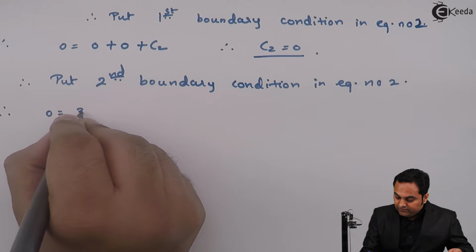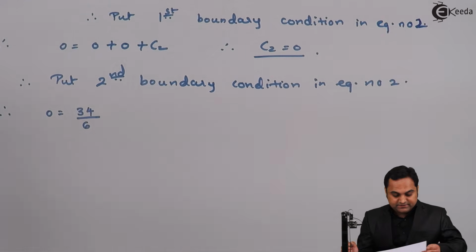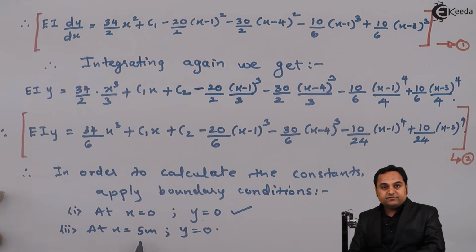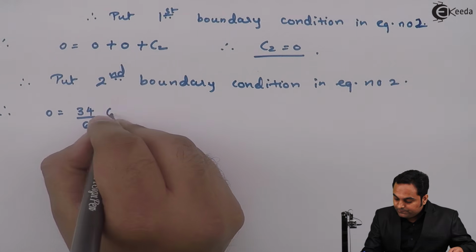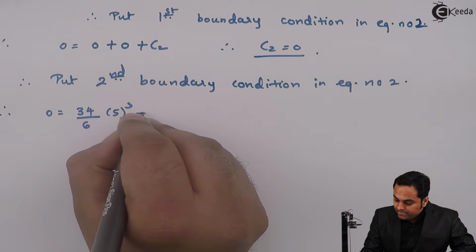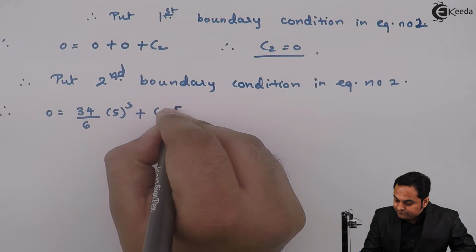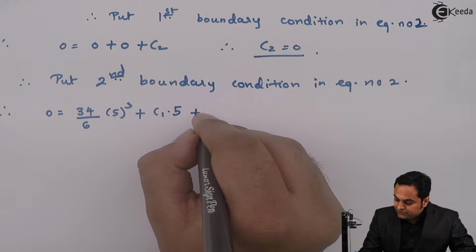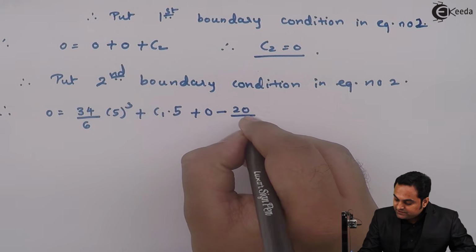On the right hand side we have 34 by 6 x cubed as it is. X is 5 meter, so 5 cube plus C1 into 5 plus C2 is 0 minus 20 by 6.